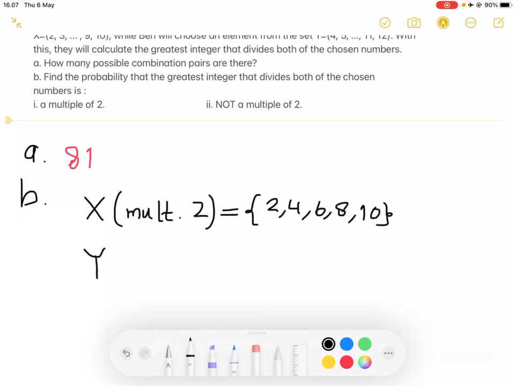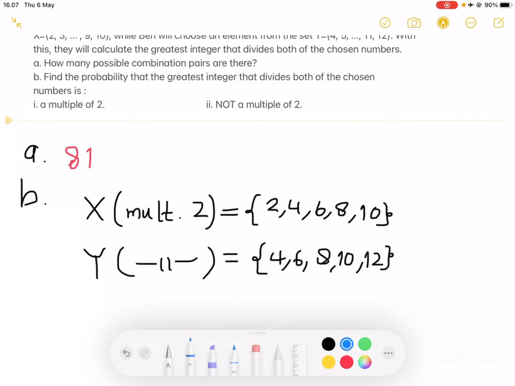And the elements in Y that satisfy the same criteria, which is a multiple of 2, will be 4, 6, 8, 10, and 12. Notice that if you take any two numbers right here, for example 2 and 10, it will always be guaranteed that the GCD will be a multiple of 2 at least.